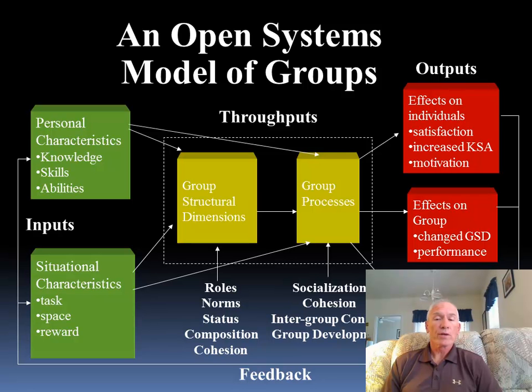Then we'll examine the throughputs in terms of group structural dimensions, in other words, those dimensions related to the group itself. And then we'll also look at group processes. Finally, we'll look at the outputs of groups. Some of the outputs are effects on the individual, effects on the group, and effects on organizational performance. And we'll get into more depth in that discussion in the video in part 2.